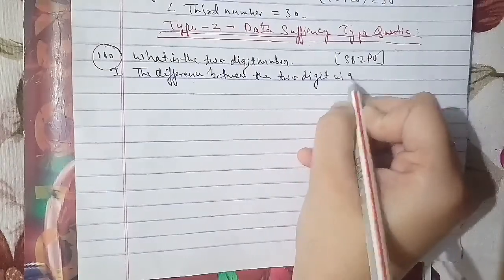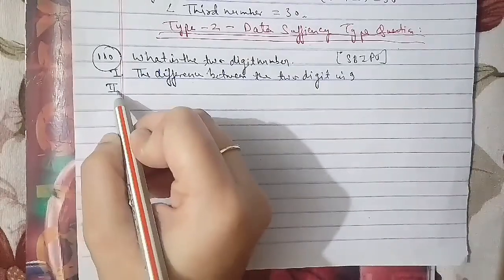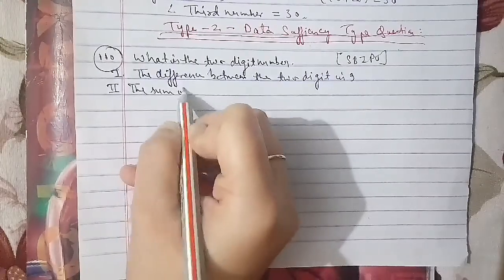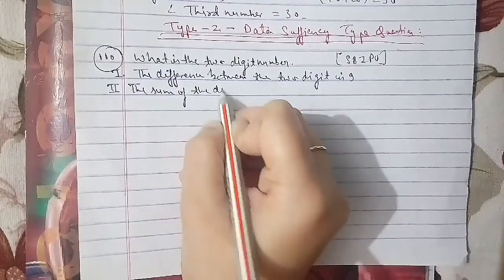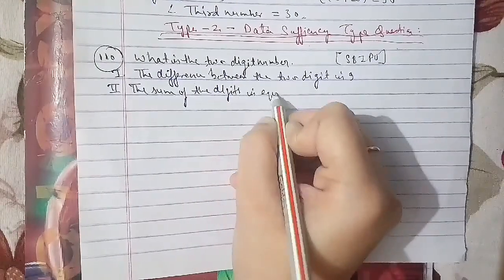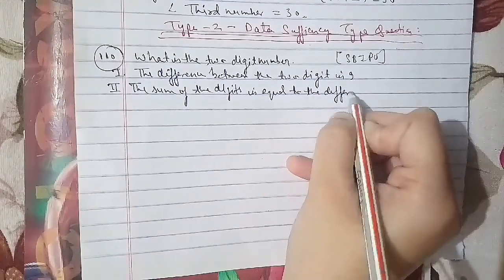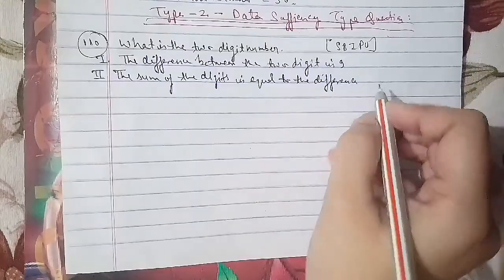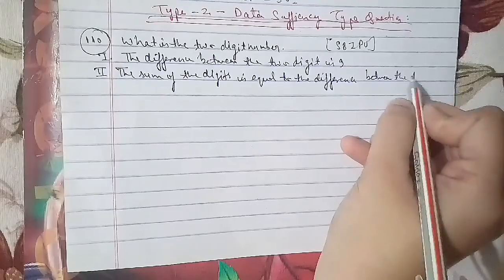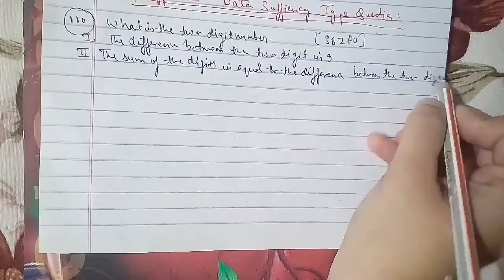The second statement says that the sum of the digits is equal to the difference between the 2-digit number that we have. So in the same manner we have to solve it, as I told you.